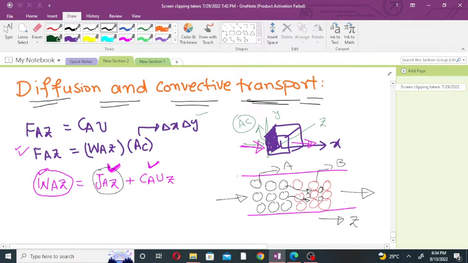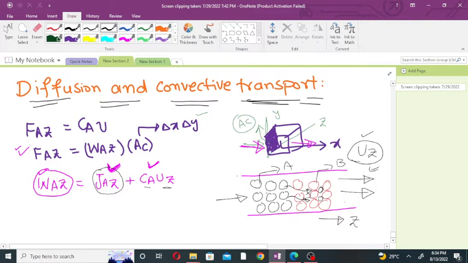And if component A and component B are flowing in the z direction with velocity U_z, then the flux of component A in the z direction due to the velocity U_z will be equal to C_A multiplied by U_z.